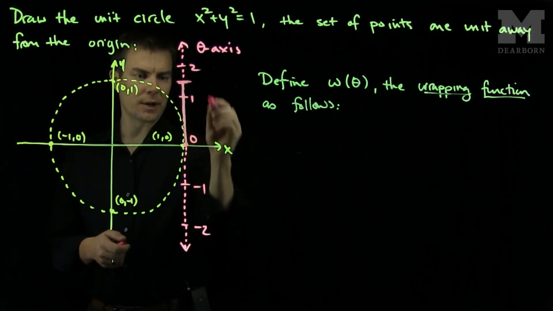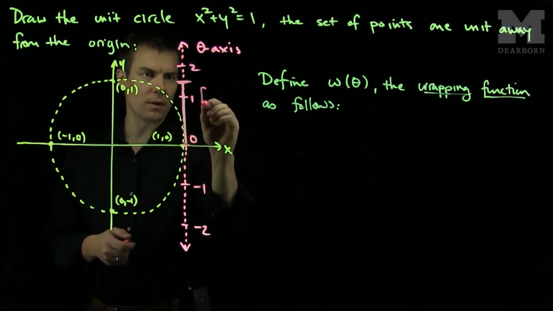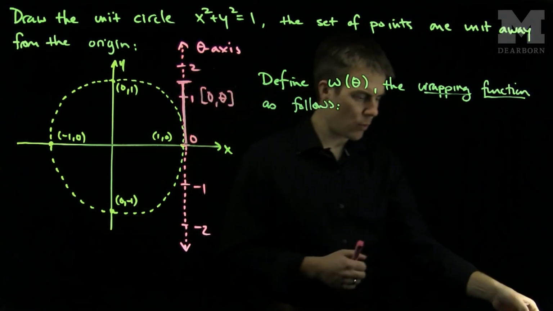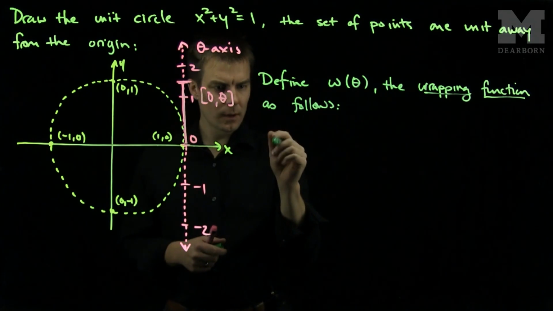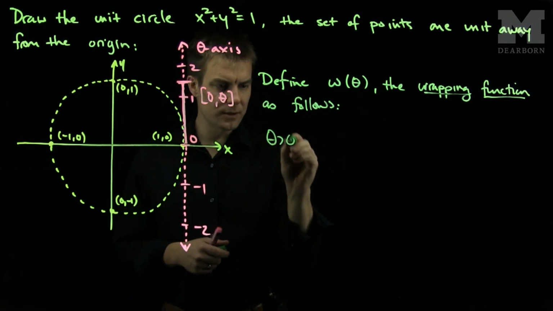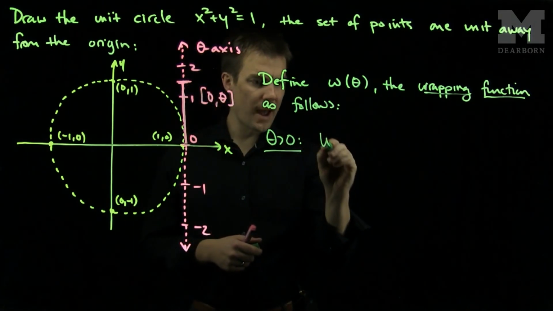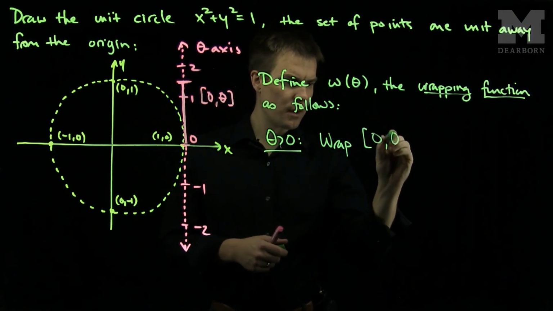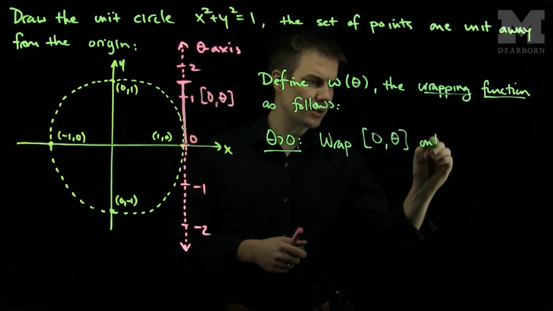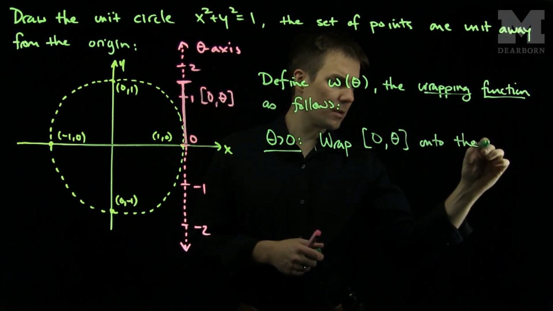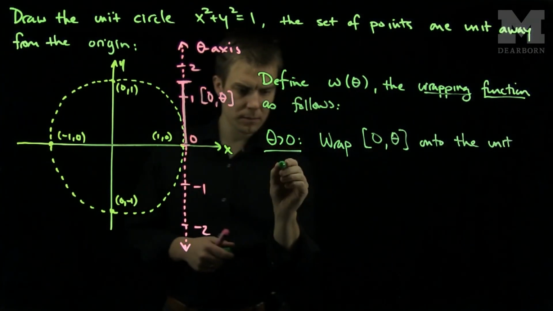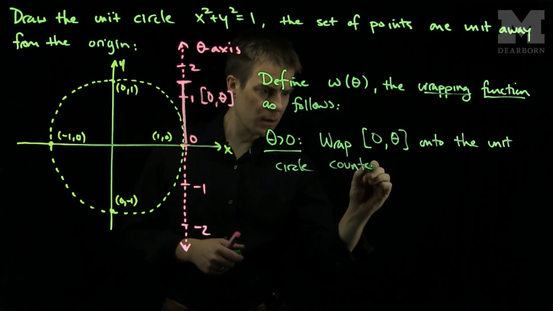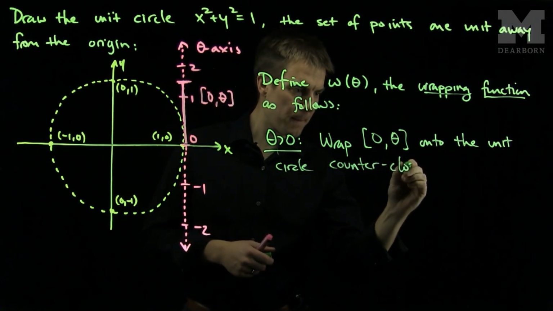So this interval over here on the theta axis will be the interval 0 to theta. For theta greater than 0, we will wrap the interval 0 to theta onto the unit circle counterclockwise.